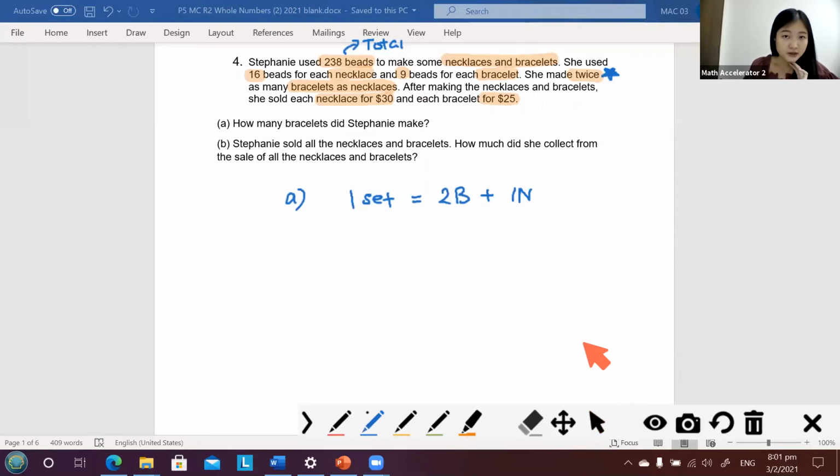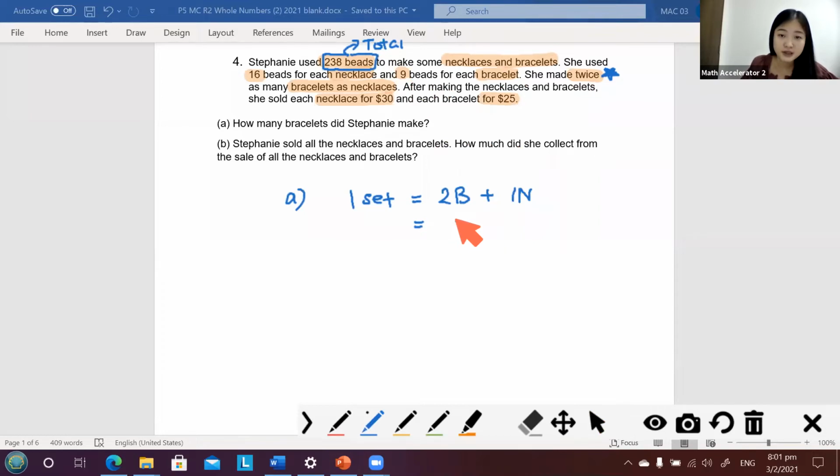Okay, very good. So now she made this much, but we need to find out the value of it. So look at our total here. Our total is in beads, 238 beads. So the value of our one set must also be in terms of beads. So if we have 2 bracelets, each bracelet is 9 beads.